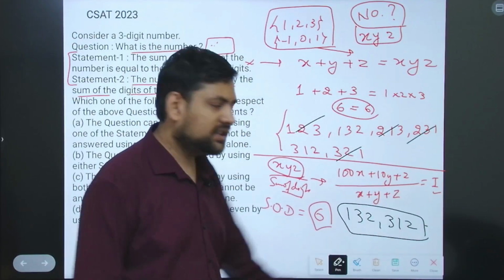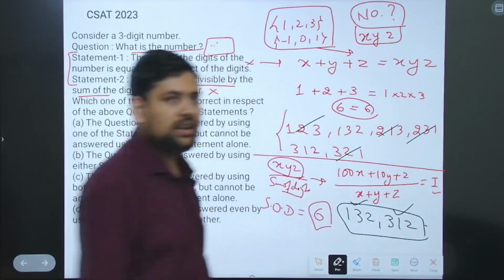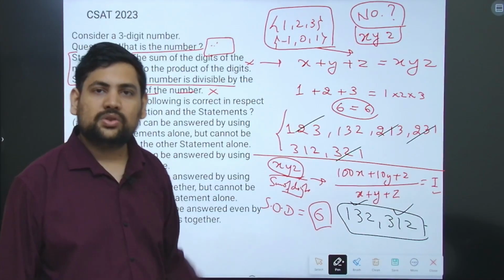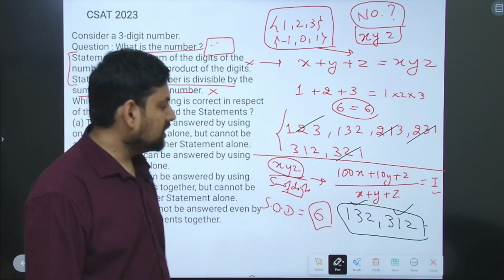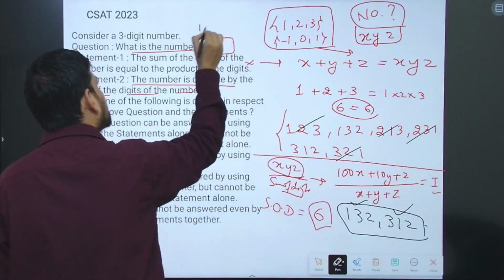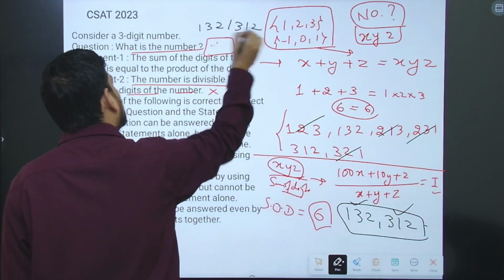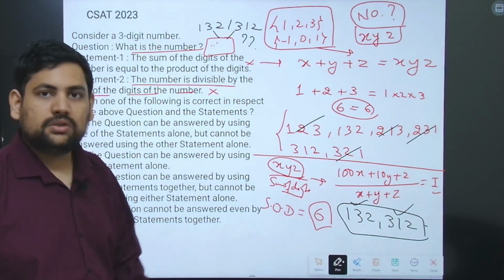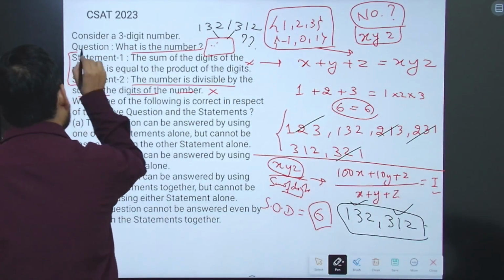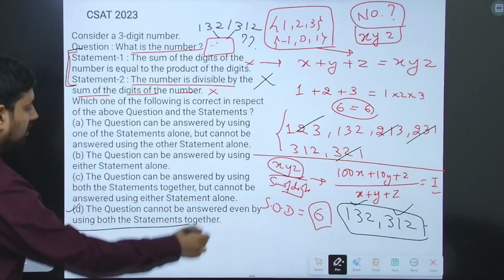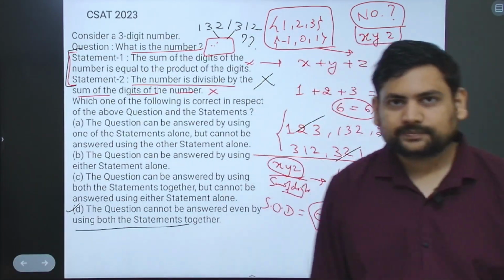So both of these show both of the statements true. That means even after using these two statements, I don't know which one I should fill here. I'm not getting a unique answer. That's why even both of them together is not enough to answer the question. So the question cannot be answered even by using both statements together.